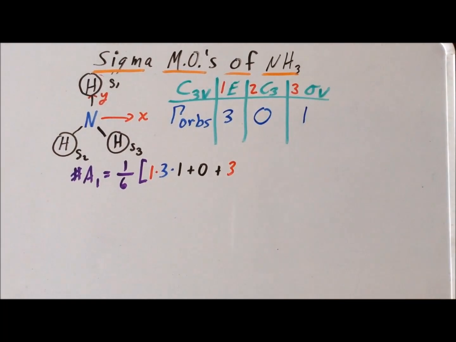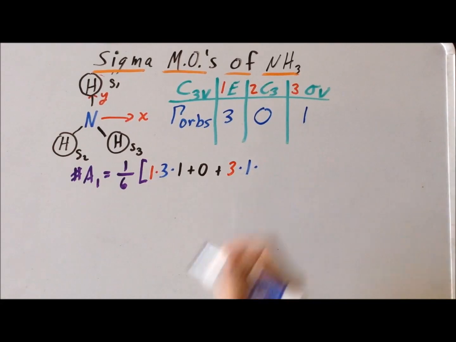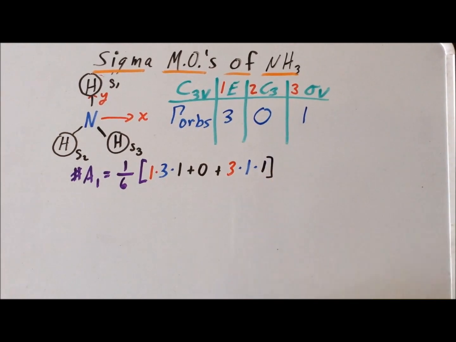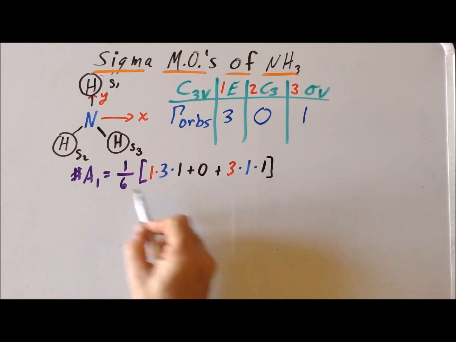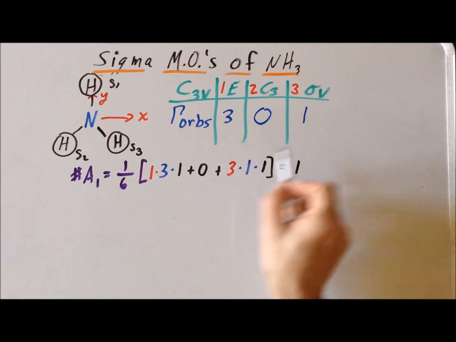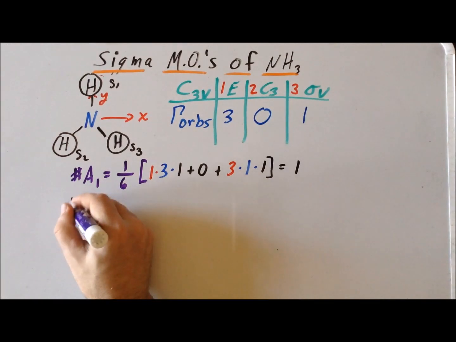So we have a 3, and that's the red 3 up there. Our character from the reducible representation, we have in blue, that is a 1. And then the character from the character table for the irreducible representation, A1, is a 1. So here we have 3 plus 3 divided by 6 is equal to 1. So that tells us that inside gamma orbs, there is one A1 irreducible representation.